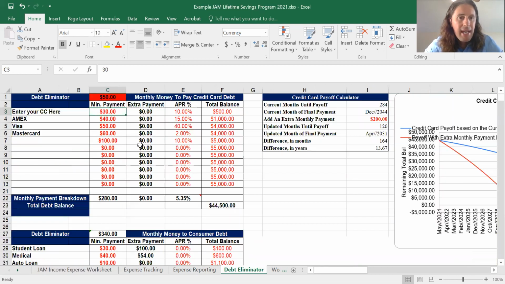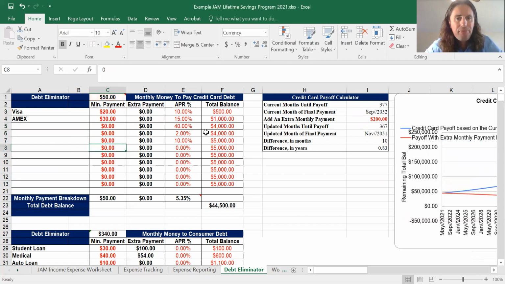And now we're going to go over to the debt eliminator. This is where we are going to enter our credit card information. So I'll just say we've got the Visa, American Express, and that is it. And our payments here are going to be $20 and $30 respectively for each of them.